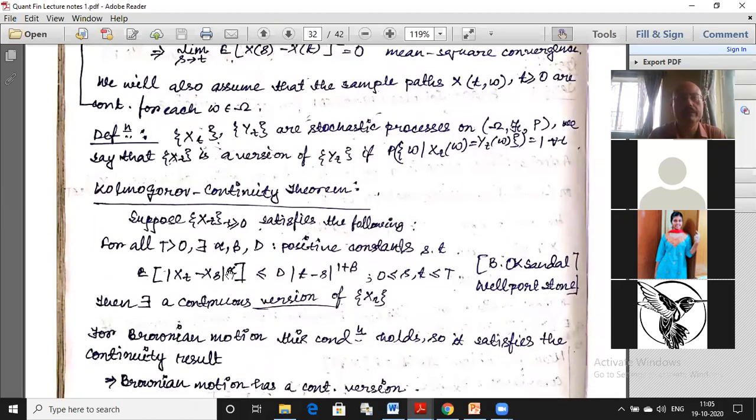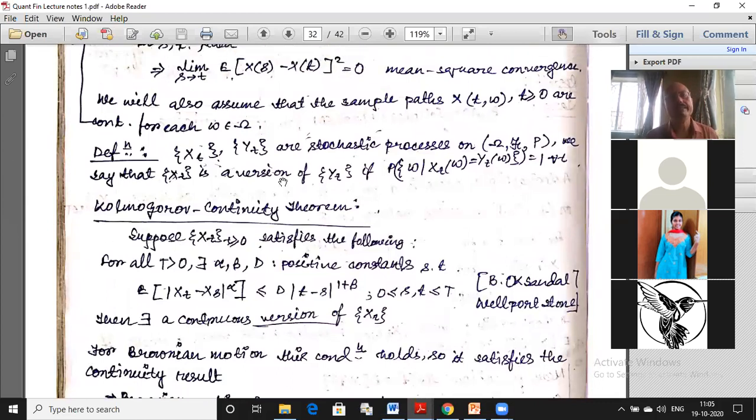So I have this following definition where I say that Xt and Yt be two stochastic processes on the same triplet (omega, F, P). We say that Xt is a version of Yt if their probabilities are identical. So they coincide with probability 1. Again, some of you who have done stochastic processes formally must have come across this definition before.